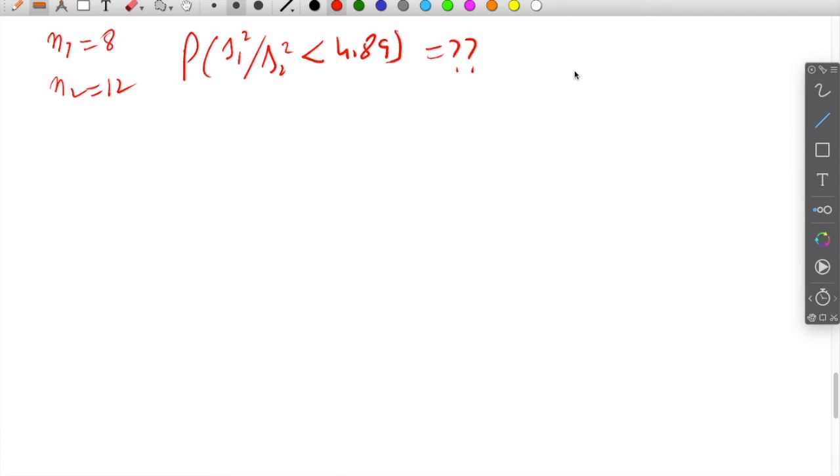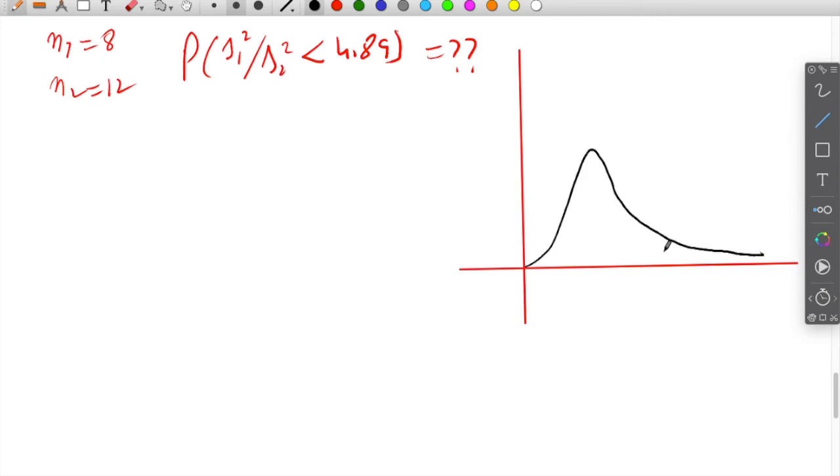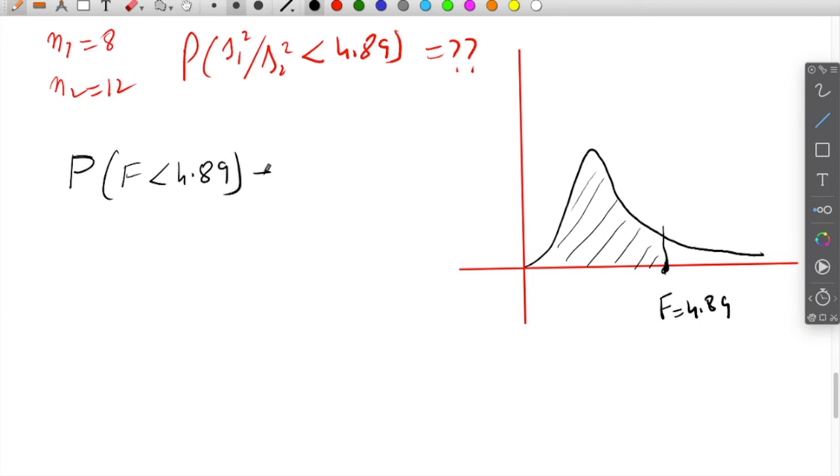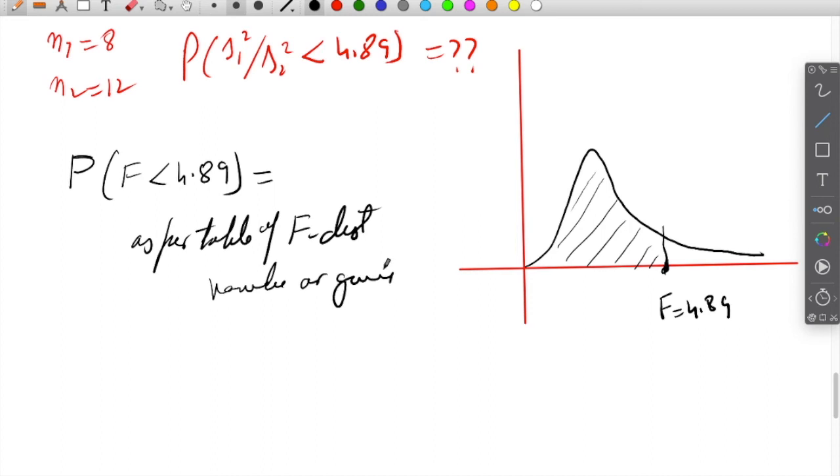So if I draw the F distribution, this value of F will be somewhere here. For example, F is 4.89. So we are looking for this probability. We are not looking for the probability more than this particular value. We are looking for the probability when F is less than 4.89. As per the table of the F distribution, values are given for alpha, that is 1 minus P(F more than 4.89).